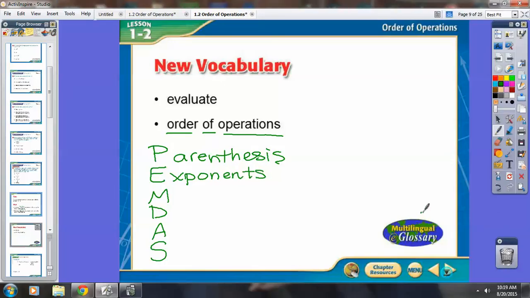Okay, M is next. What's M? Somebody different hasn't said it. Multiplication. This next one is closely related to multiplication. What is it? Division.